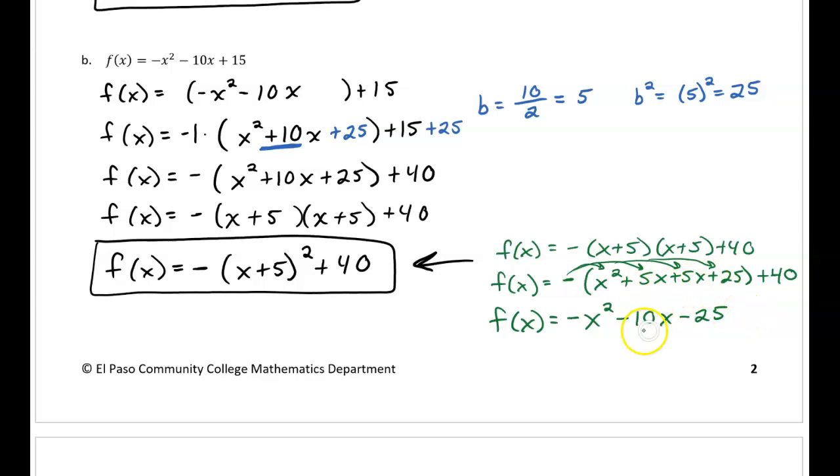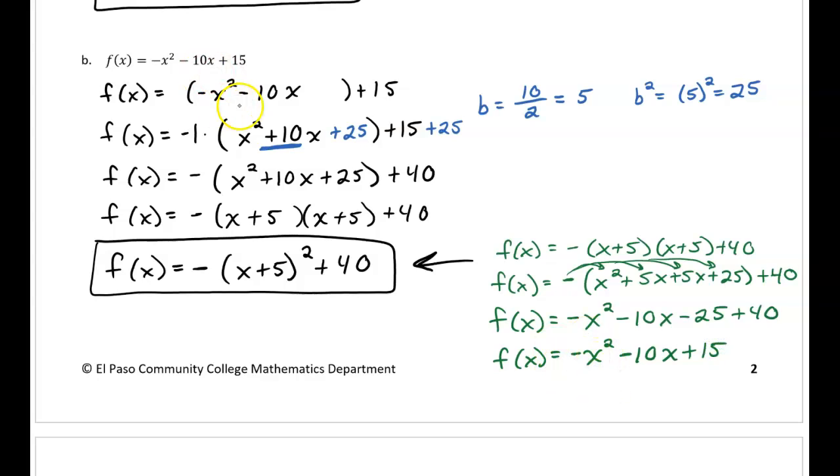I combined these into 10x and the negative went through. And I still have that 40 outside. Well, there's no more outside if I get rid of the parentheses. And one more combining of like terms. Negative 25 plus 40 gives me that 15.